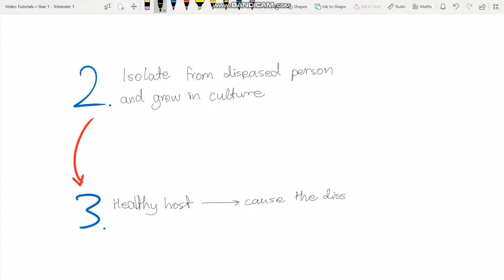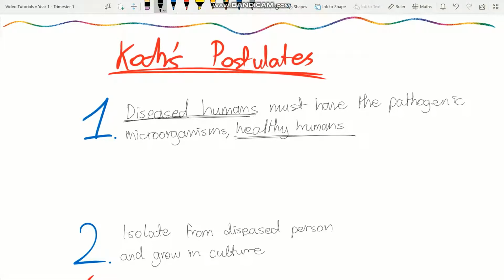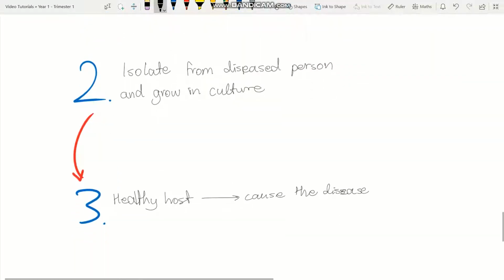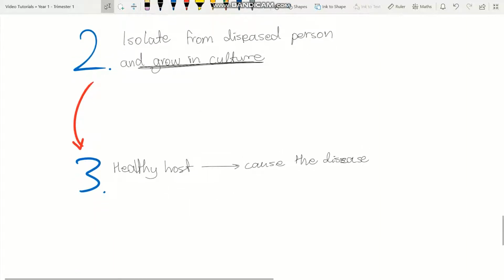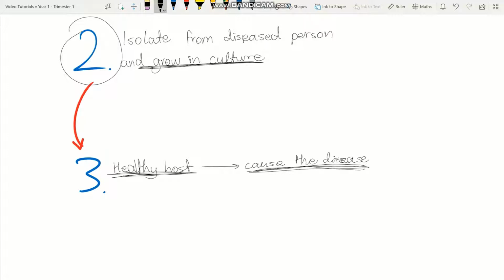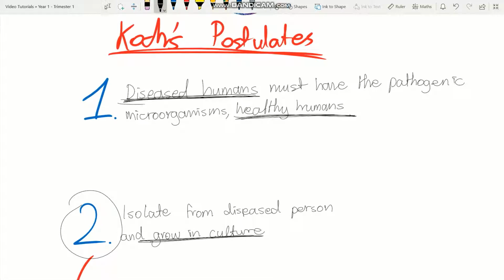So just going through the postulates once again. First, we saw the microorganism in the diseased human, but they weren't present in the healthy humans. Then we took them away from the diseased humans and put them in the culture and allowed them to grow. Then we took these organisms that we grew in the culture and introduced them to a healthy human, and they should have caused the same disease that they did originally in the diseased humans.